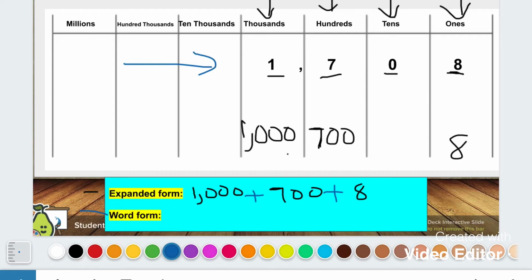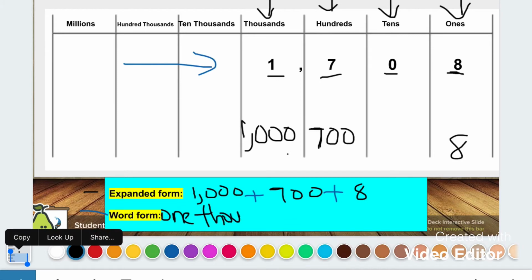The last form is word form. Remember, you guys, in order to write a number in word form, all we're going to do is just say the number out loud. The same way you say it out loud is the same way you're going to write it. 1,708. 1,000. 700.